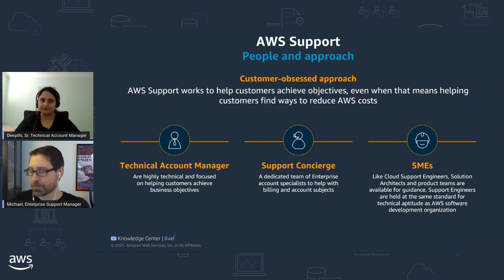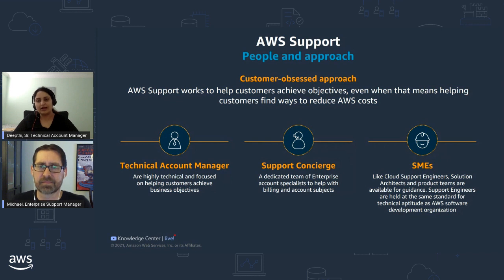Support concierge. Support concierge are a team of enterprise account specialists. These specialists specialize in general account questions, billing questions, or service quota increase questions. These are some of the requests that you typically file using your AWS Support Center, and it gets routed to one of these specialists or the support concierge.